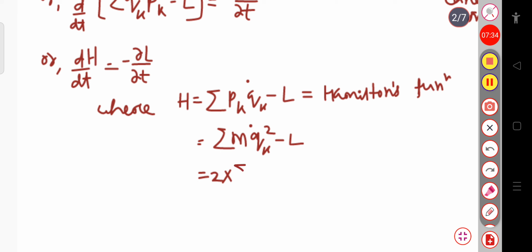So in place of sum over 1/2 m q̇k squared, I can write the kinetic energy, that is 2T minus the Lagrangian L equal to T minus V.